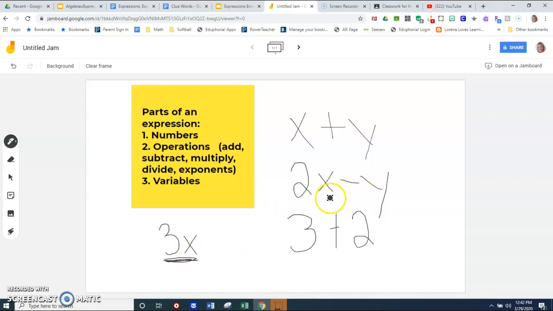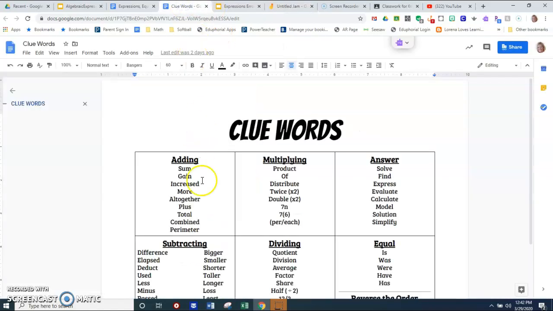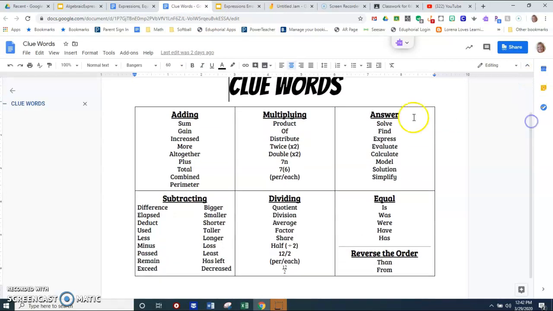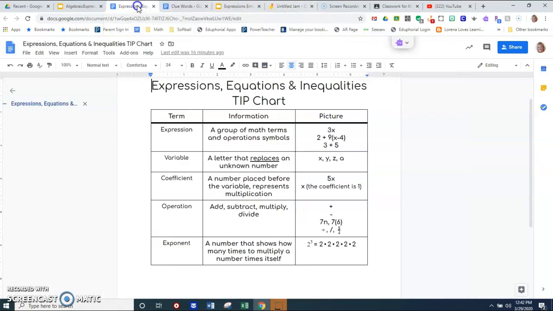And y'all did an assignment before we let out for spring break for that, and so we'll get to that later. Today we are only worried about taking the clue words that we talked about yesterday and putting them into an expression, and how that looks.